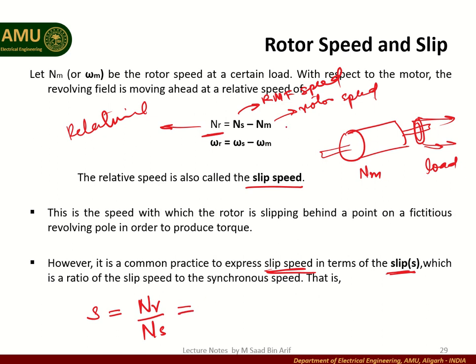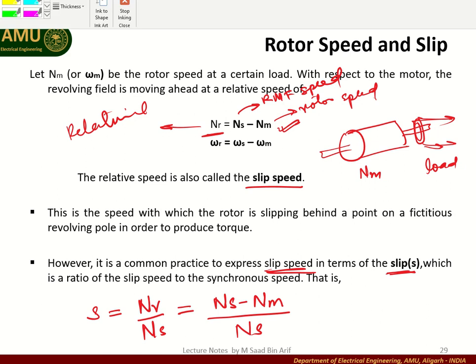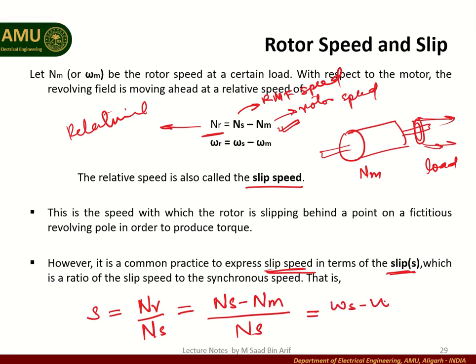From the above expression, Nr is nothing but Ns minus Nm, that is the motor speed. So slip s equals Ns minus Nm upon Ns, or in terms of angular speed, omega s minus omega m upon omega s. This is nothing but slip.